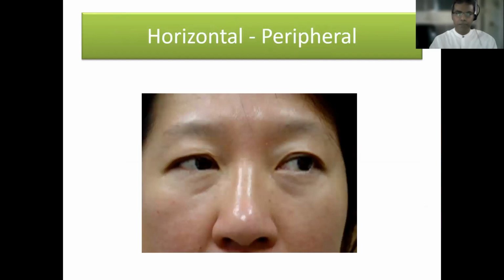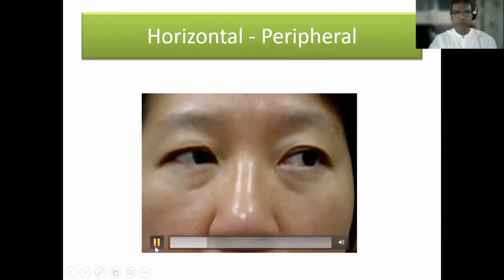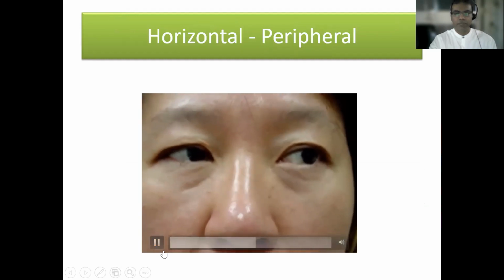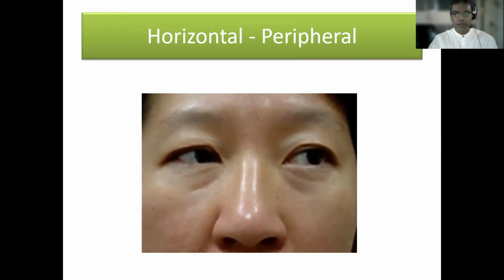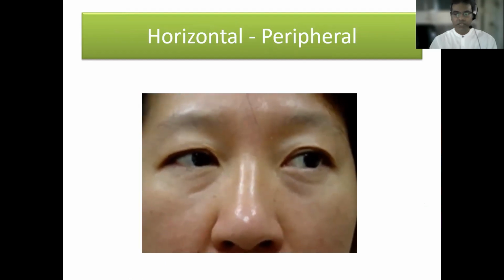Okay, so this is another video demonstrating a peripheral vestibular disorder with a horizontal nystagmus. So this is what we will see. This patient has a biphasic nystagmus, and the fast phase is to the patient's left.